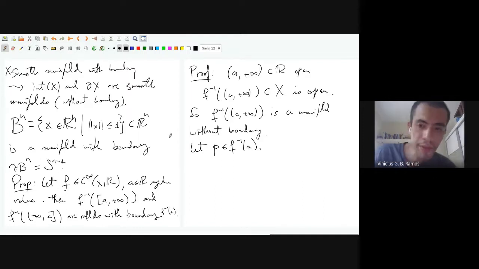Okay? So if we take a point that's a regular point of a function, then we can apply the implicit function theorem.